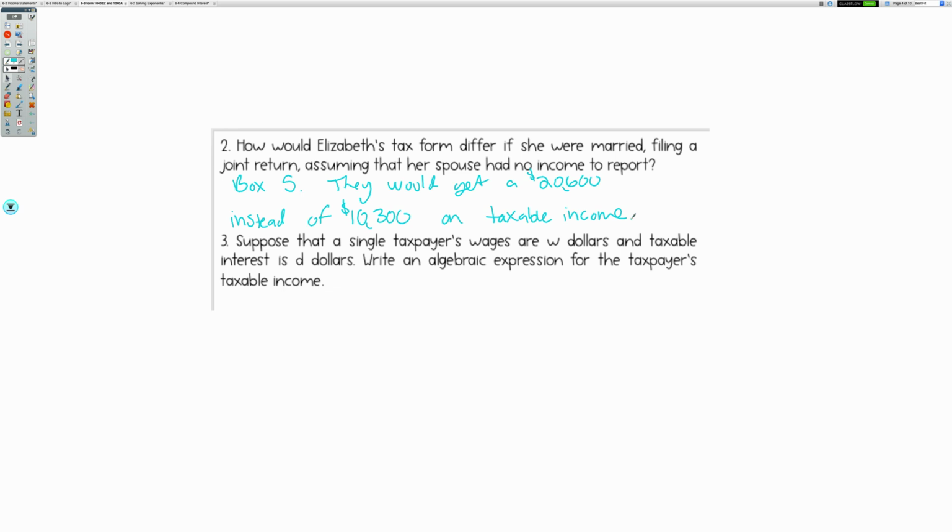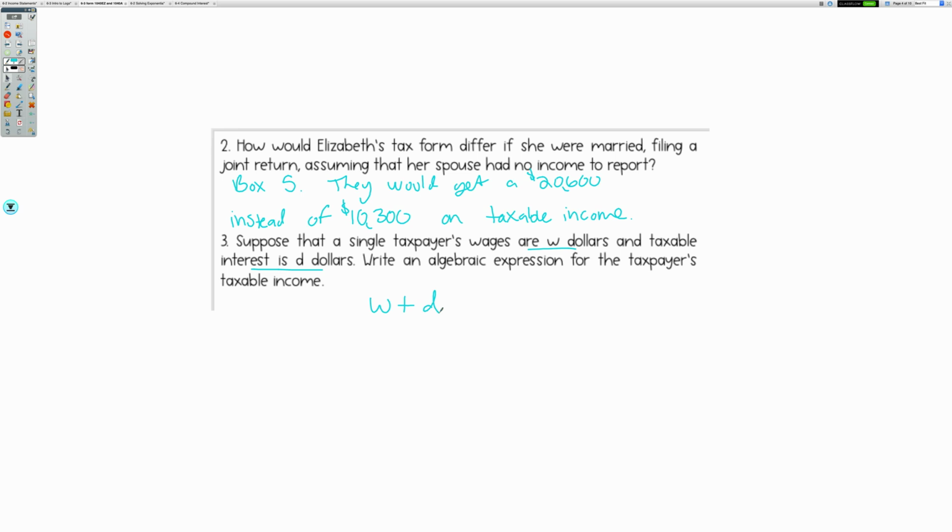Anyways, question number 3: suppose that a single taxpayer's wages are W and the taxable interest is D. Write an algebraic expression for the taxpayer's taxable income. So it's kind of like what we just did. Her regular wages are W, and any additional interest dollars are D. So let's make an expression: it would be the regular wages plus any additional dollars.